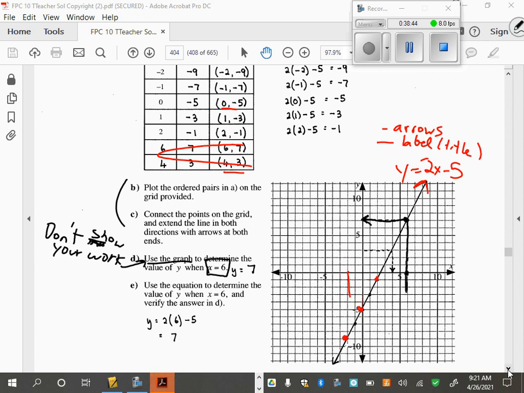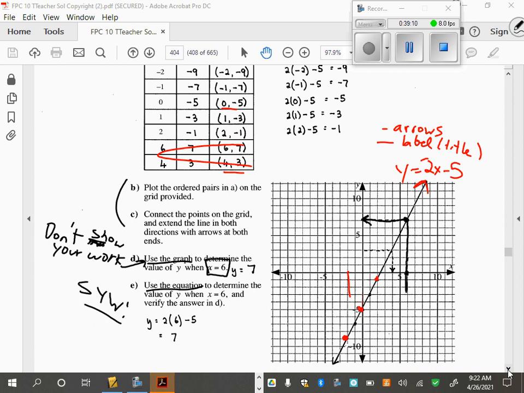You go 6 to the right. If it says y equals 6, then you go 6 up and hit the graph the other way. But you use the graph. You don't have to show your work on the graph, but that's how you get it. And I would show the work on the graph, just so your eyes don't miss a unit. And then this one says use the equation. This is where you have to show your work.